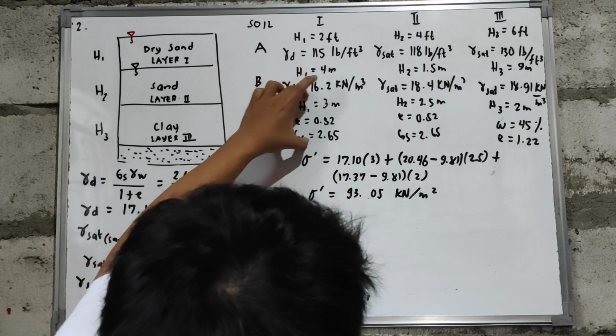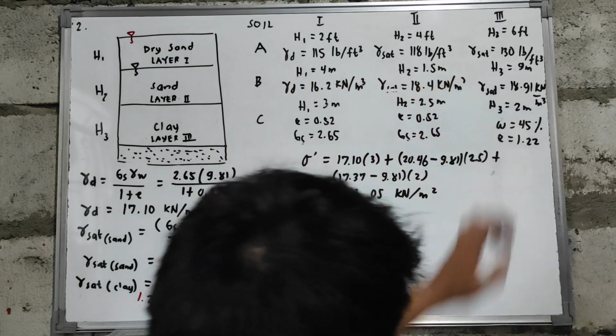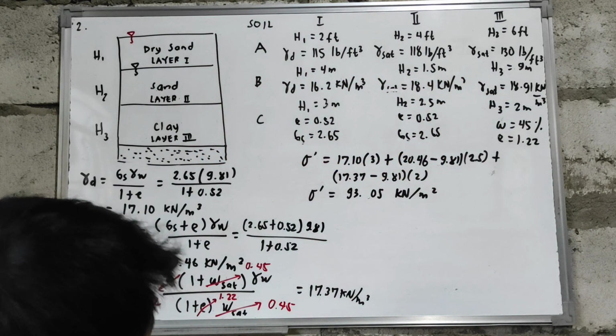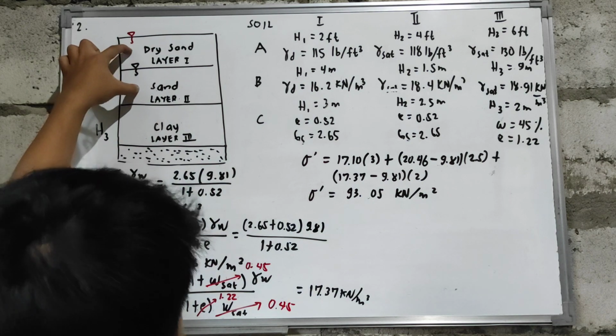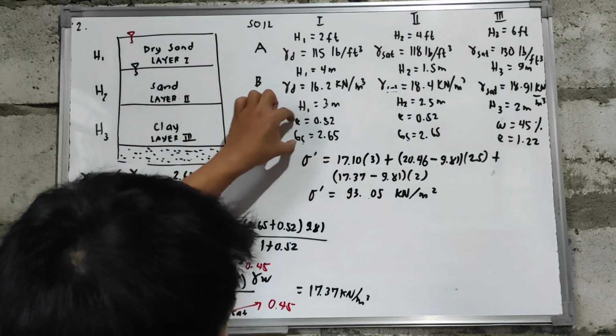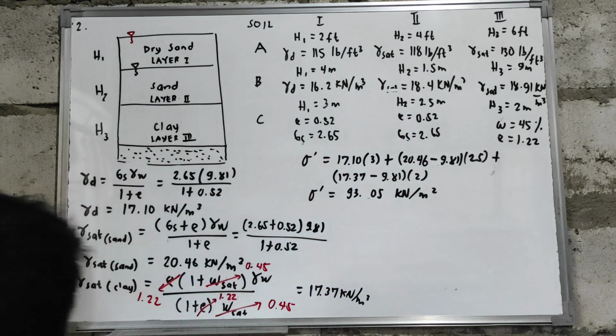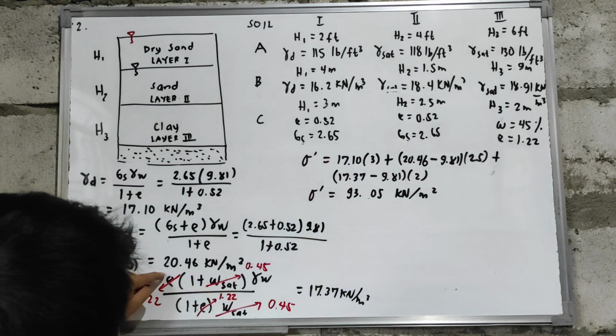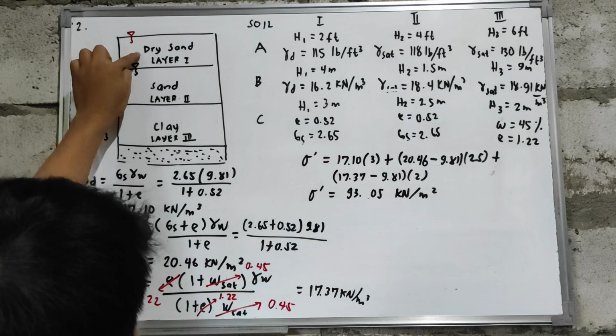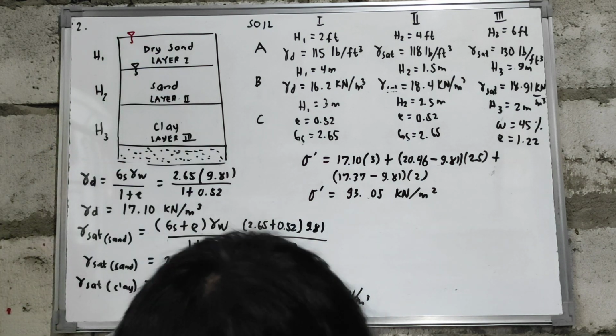So, gagamitin natin properties nitong soil C natin. Since parehas lang naman na sand to, tapos parehas yung mga properties niya, kung ano yung na-compute natin na saturated sand, yun din yung value ng saturated sand natin dun sa layer 1.